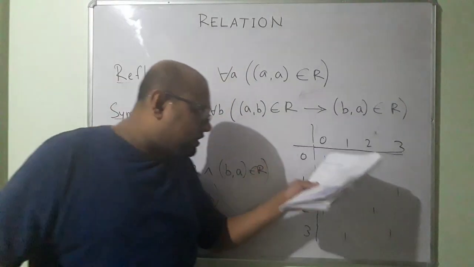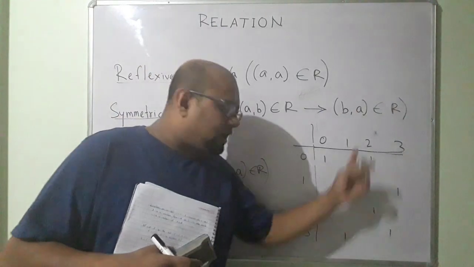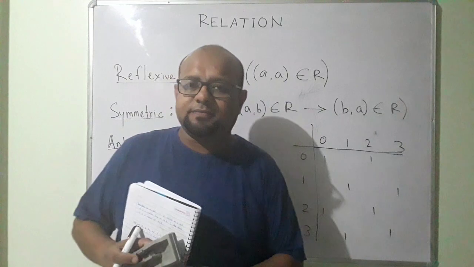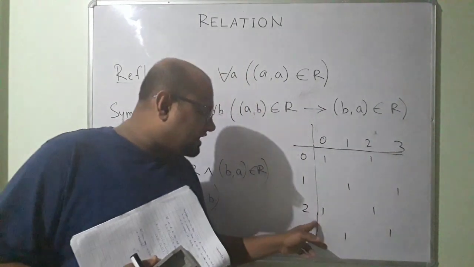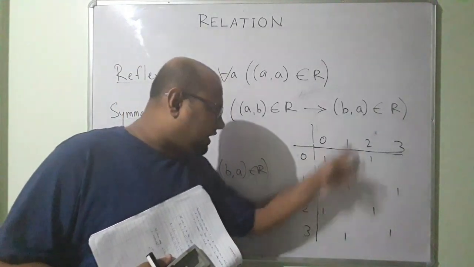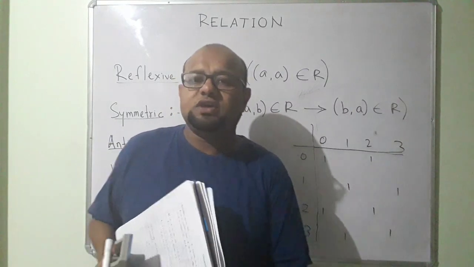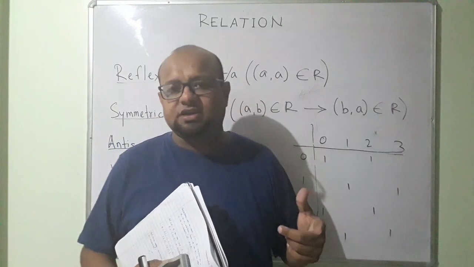That means only along the diagonals we can have that. (1, 1) is there and (1, 1) is there, so obviously. But apart from that, if I have (0, 2), I cannot have (2, 0). If I have (3, 1), I cannot have (1, 3). So if I have (3, 1) and (1, 3), then that would not be antisymmetric.